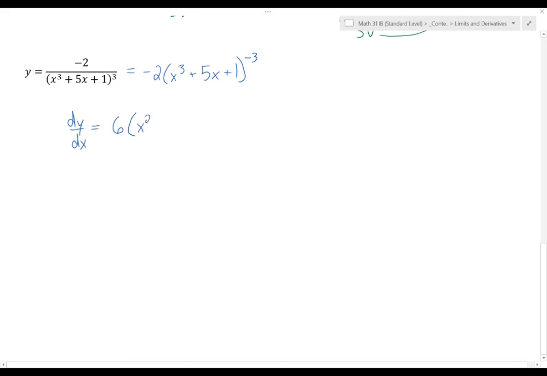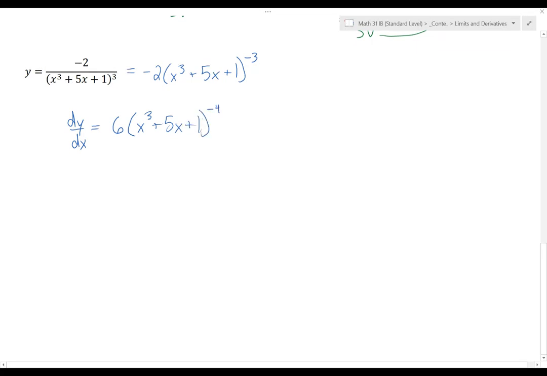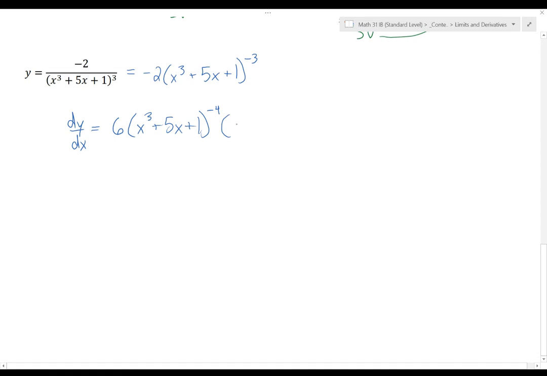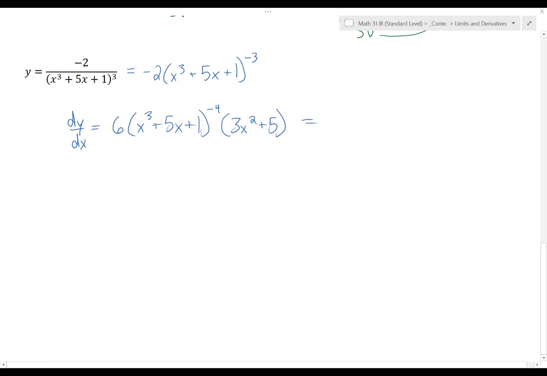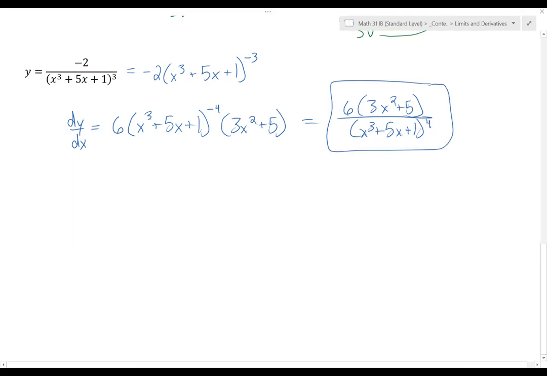And the new power here, I have (x cubed plus 5x plus 1) raised now to the power of -4. So I've just derived the exponent part of this function, but now I have to derive the polynomial that is inside the brackets, and that is 3x squared plus 5. Tidying that up a little, I get 6 times (3x squared plus 5), all divided by (x cubed plus 5x plus 1) to the power of 4. And there we go. There's the derivative.